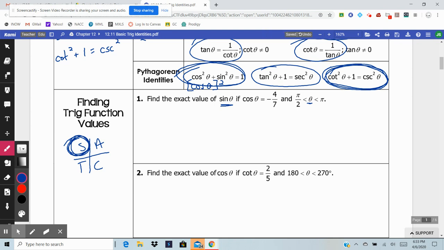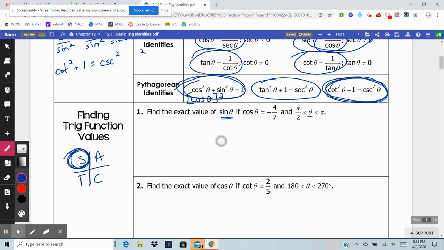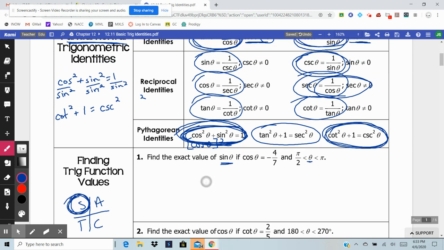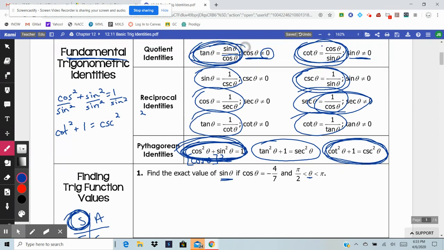So here we go. Here's how we're going to do it. If I've got cosine and I'm looking for sine, reminder, you've got to find an identity that somehow relates sine and cosine. This is the only one that involves only sine and cosine. This one involves sine, cosine, and tangent, so let's not use this. Let me pause and erase all this for just a second.